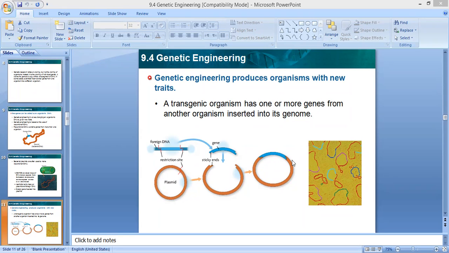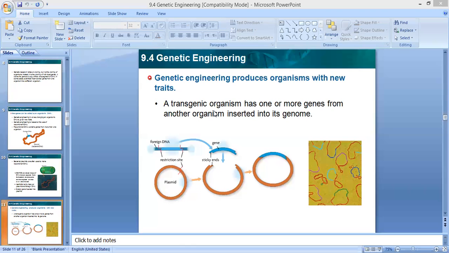So any genetic engineered organism means its genome is altered, changed, not as the original. Okay, sometimes you alter one gene or more. A transgenic organism has one or more genes from another organism inserted into its genome.